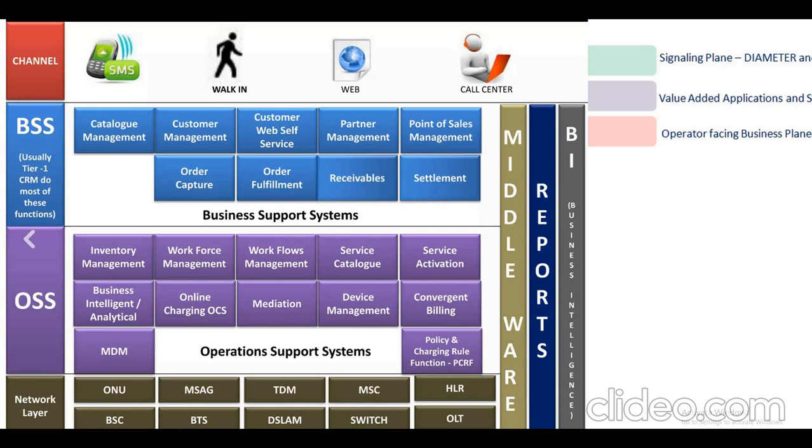In between the BSS and OSS layers, the middleware performs a key role: when you pass XML to the downstream system, it is a pipe for fulfillment. Then there are reports and business intelligence.